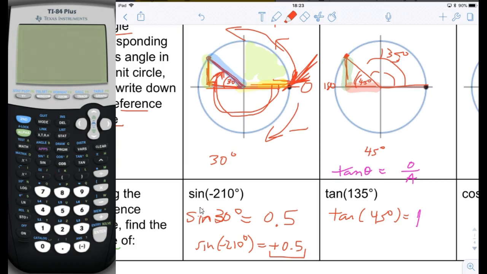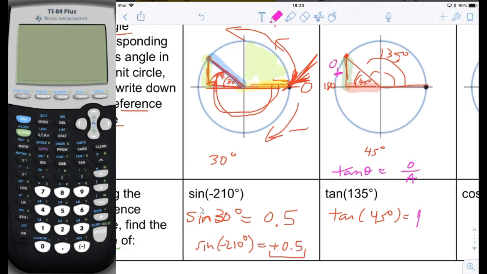So if I look at the red line and the green line, I can see which ones are pointing up and right and which ones are pointing left and down. If a line is pointing up or right, we consider that to be a positive number. If a line is pointing left or down, we consider that to be a negative number. In this case, can you see that the opposite, which is the green line, is pointing up, so it's positive?